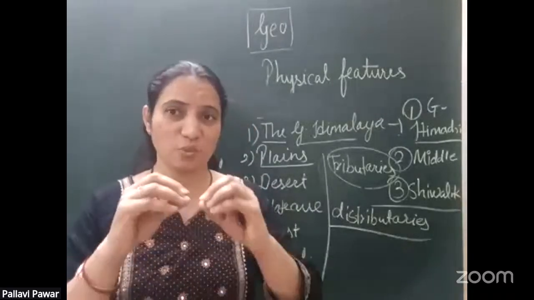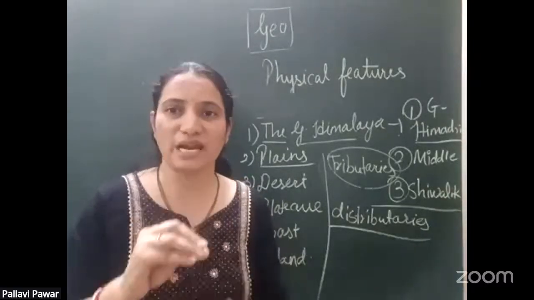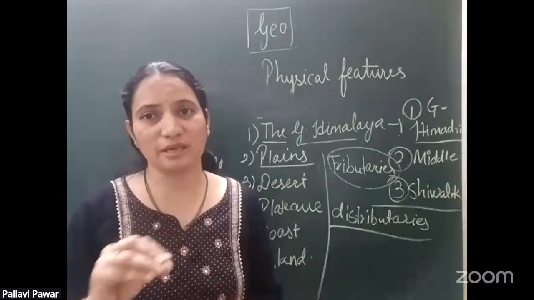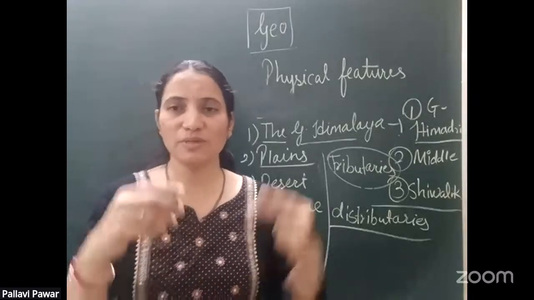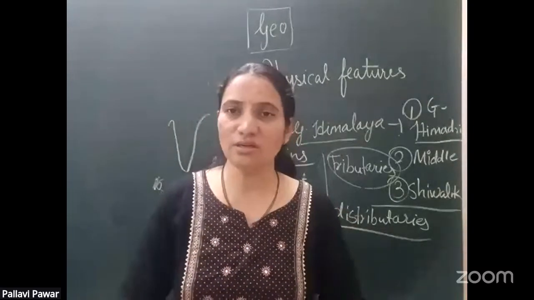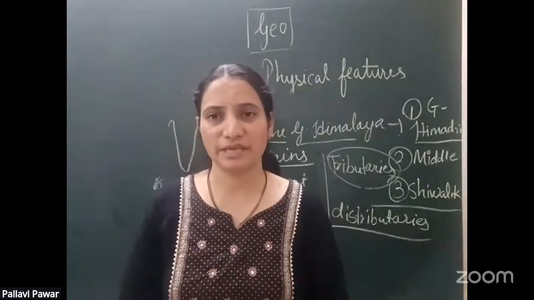If a question comes in the exam, which state is called a sandwich between two countries, you have to write Sikkim, between Nepal and Bhutan. Kanchenjunga is the highest mountain, and it is located in Sikkim.